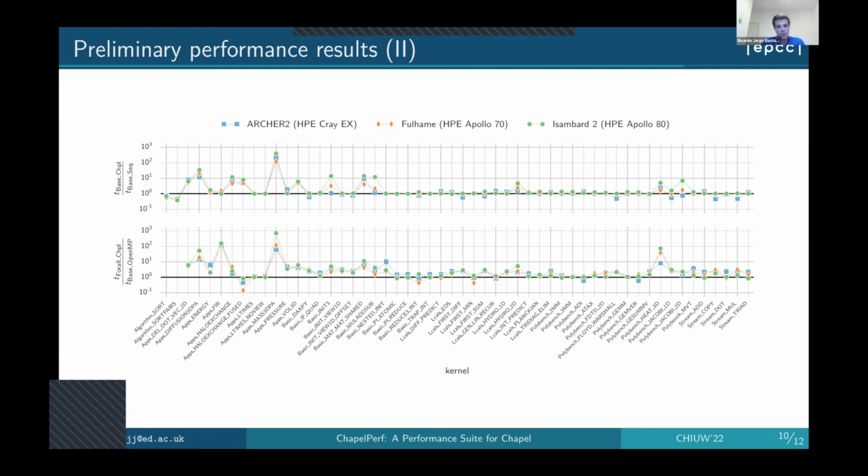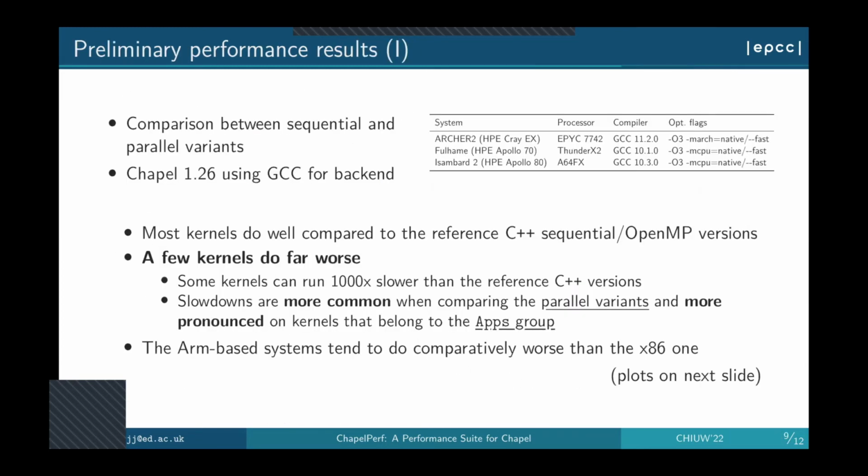Yeah, I'm sorry if you gave the answer in your talk, but I think I saw that you were using the C backend with 1.26. Was there any particular reason that you are sticking with the C backend? No, no particular reason. In particular for this slide, I used the C backend to keep consistency, to say that I use the same compiler, the same versions, and essentially the same flags, because I also made sure that Chapel is relaying the same optimization flags to the C backend.